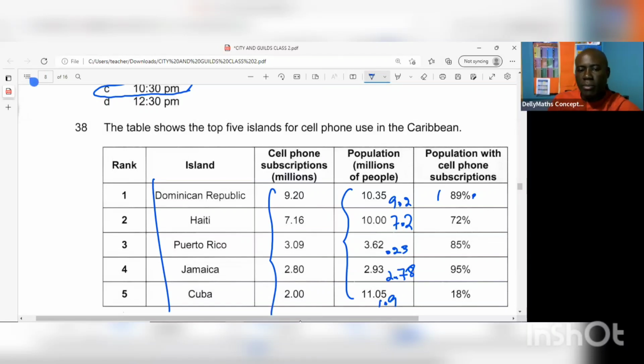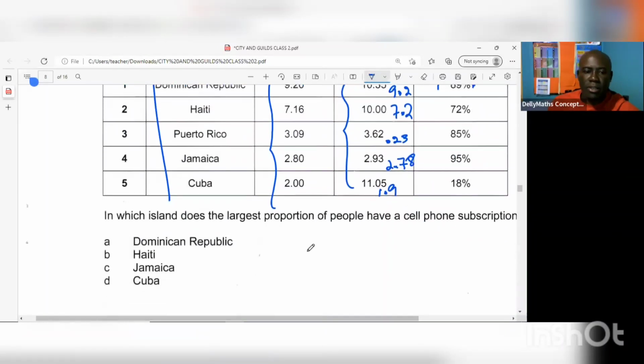So we could see that Dominica would have the biggest number. The bigger number wins. So it's Dominica here. In which country we have the largest population of people? You understand? Dominica.